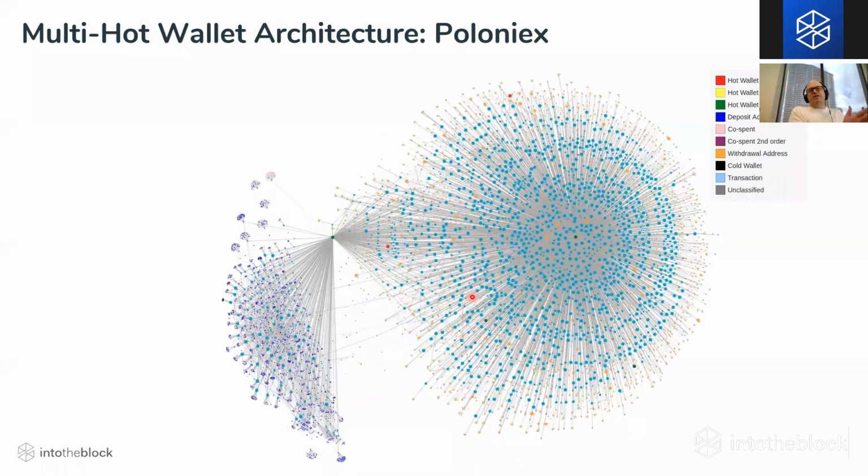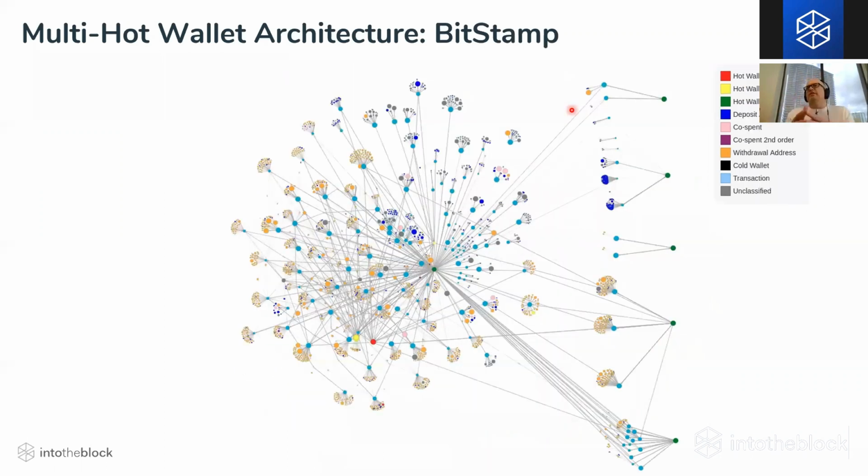But that's not the pattern that all exchanges follow. There are other exchanges, like Poloniex, that use a dual hot wallet architecture, in which the deposits go into a hot wallet that also transfers to another hot wallet, the one being used for the withdrawals. That's another architecture that is also used by Bitstamp.